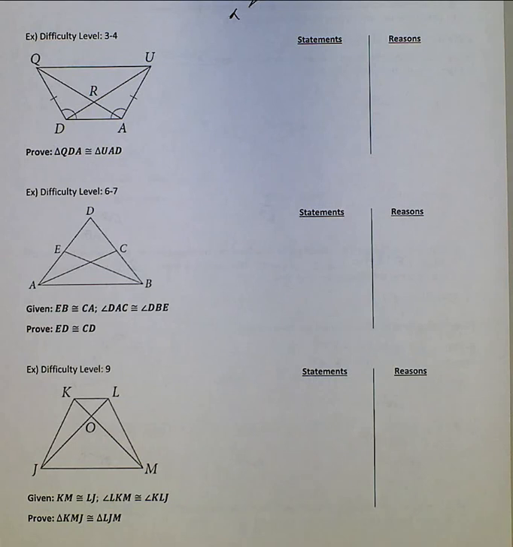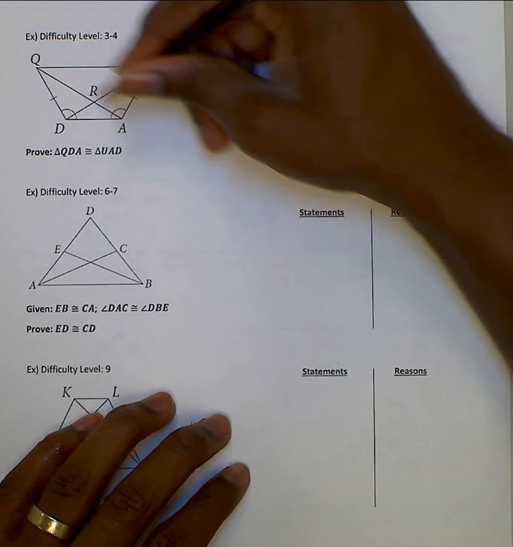Alright, let's go through these first two proofs together. If you want to challenge yourself, try the third one. So first proof, we want to prove that triangle QDA is congruent to triangle UAD.